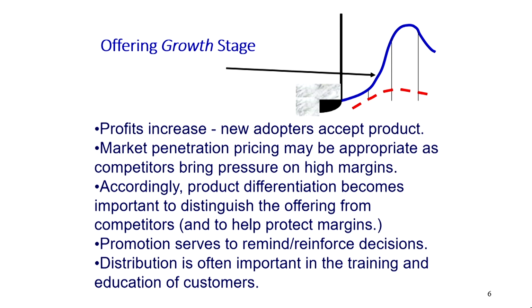This is the stage where profits increase, and because more and more people are now adopting the new product, new technology, market penetration pricing may be adopted, because this is the stage where we want to build as much volume as we can. Though there will be more and more pressure on pricing coming from the competition, because this is the stage where many new competitors join the fray.